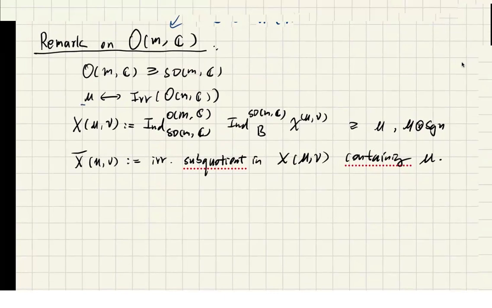So instead of thinking of mu purely as a weight, which will give you a weight of SO_n, a maximal complex subgroup of SO_n(C), you think of mu as an irreducible representation of O_n, sorry, O_n.